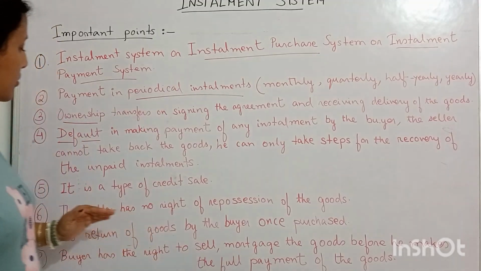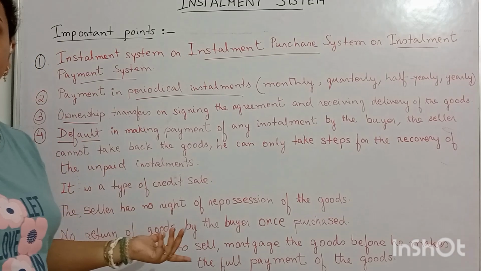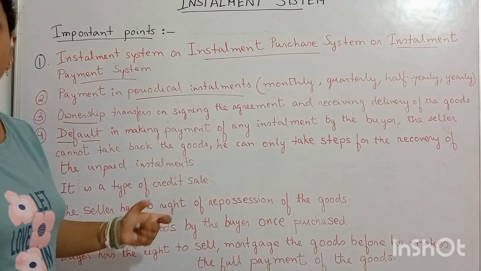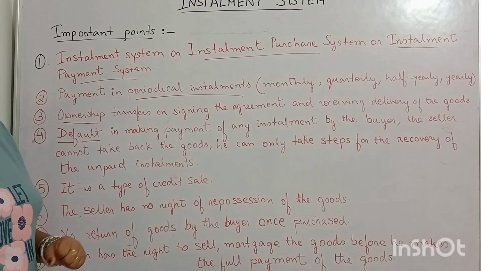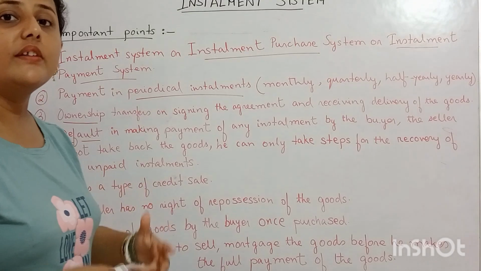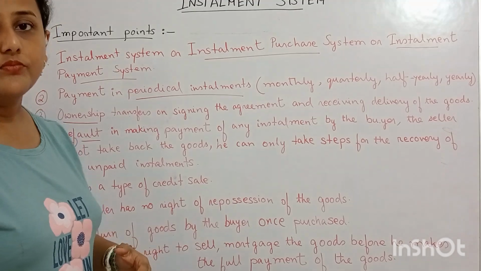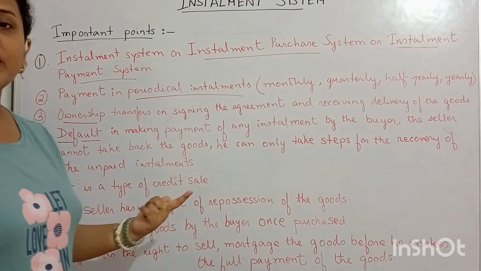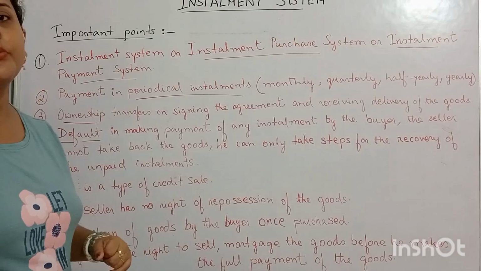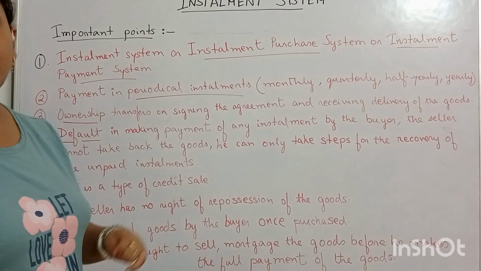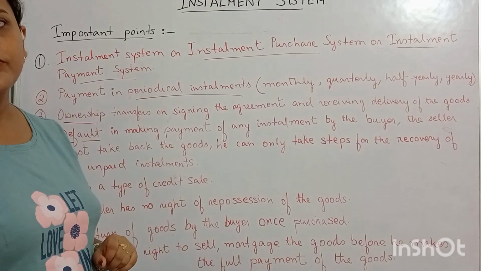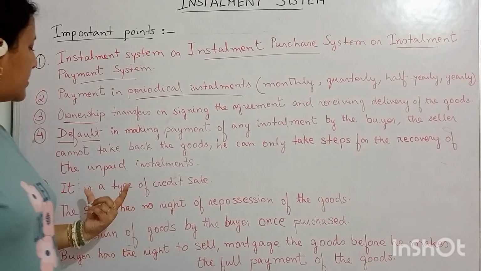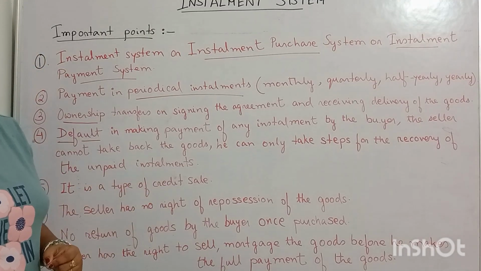So here also the ownership will get transferred on the very date of purchase of the goods, but the payment will be made at some future date. Here the payments are made in periodical installments, but in credit sale only one payment will be made at some future date. So it is a type of credit sale.